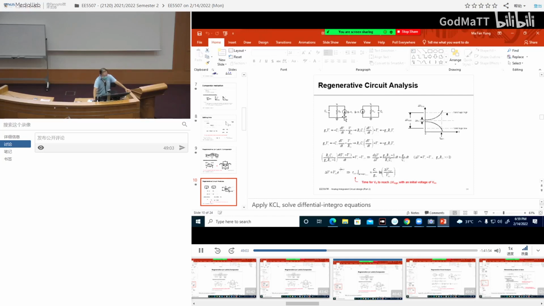And then your two MOS, you can model the output as a current source, which is gm times the input VGS. Small signal model, you all know, right? So here is an approximate small signal model, and you can write out the equations.